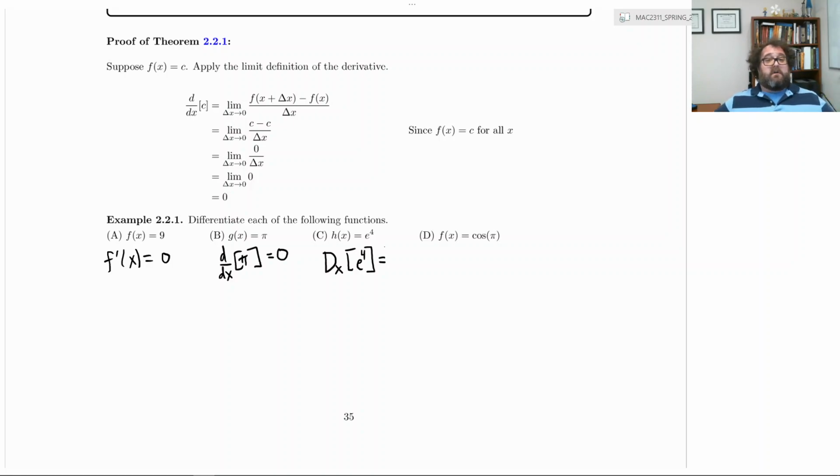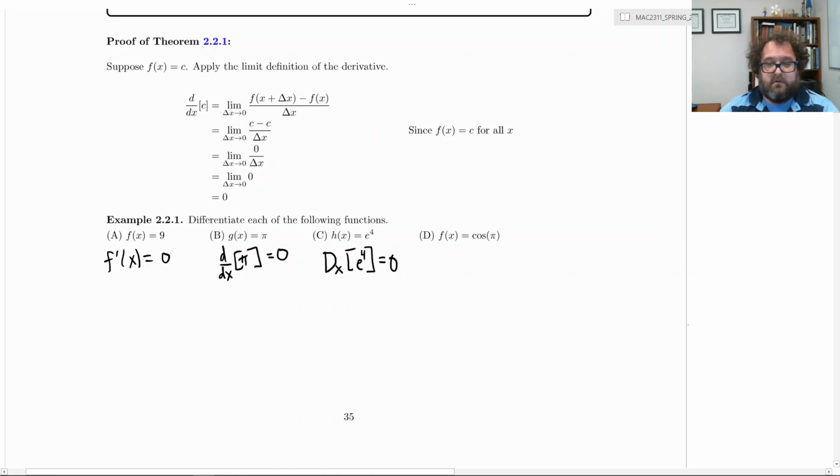It's just a number, 2.718. It's a transcendental, irrational number, but it's just a number. So e to the fourth is just a number, and specifically it's just a constant, so the derivative is 0.